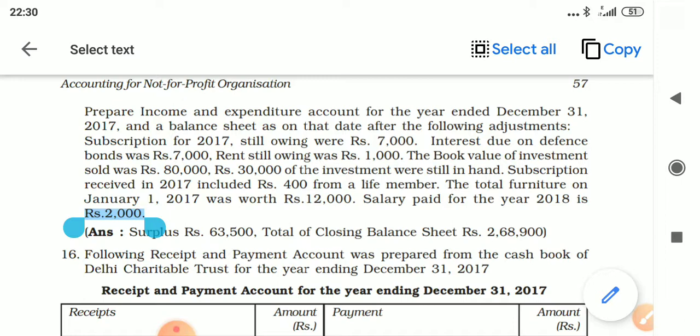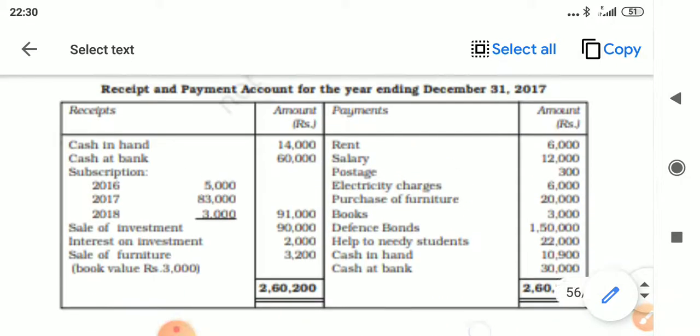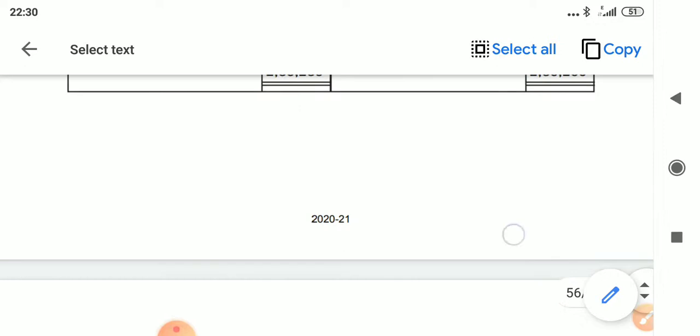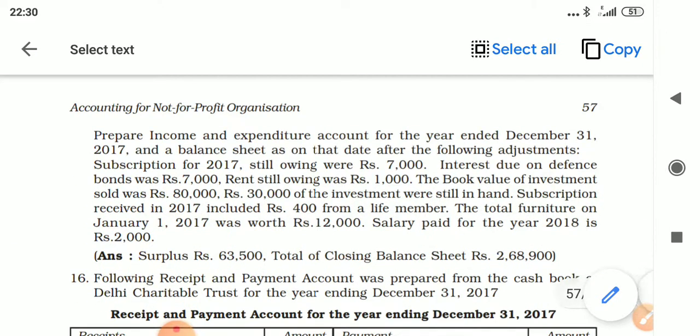So 2018 is next year. So it is a prepaid expense. So in the expenditure side, write 12,000 in the inner column minus prepaid salary 2,000. 10,000 is current year's expenditure for salary, and 2,000 will appear in the asset side of current year's balance sheet because prepaid expense is an asset.